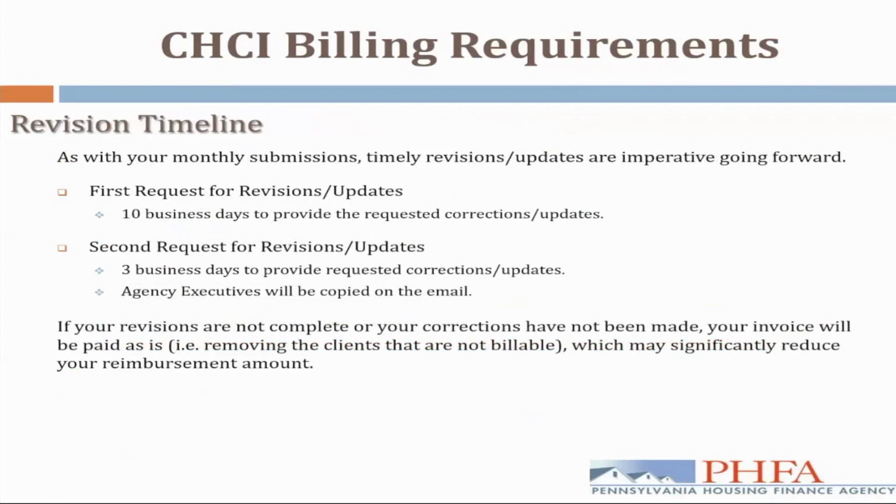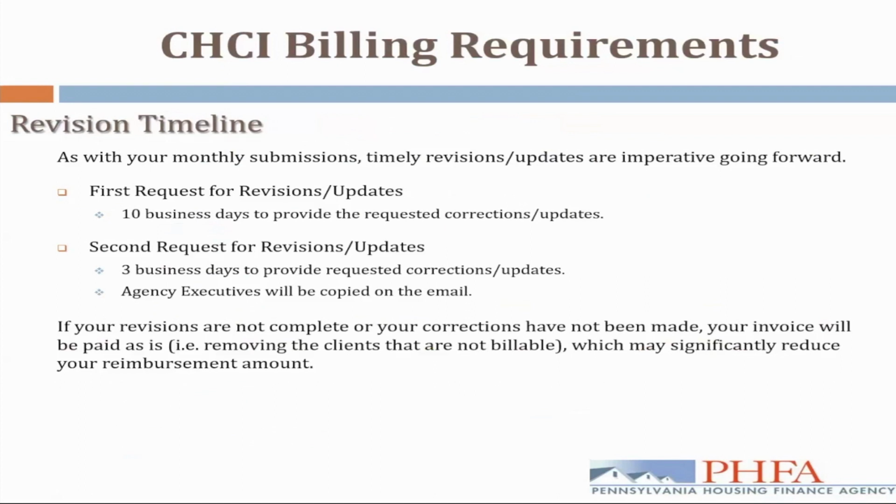When you send your billing work into us, our billing processor will review it and make sure all proper documentation is there. If there are corrections that need to be made, we will send you corrections the first time, and we will give you 10 business days to respond with your corrections and updates.